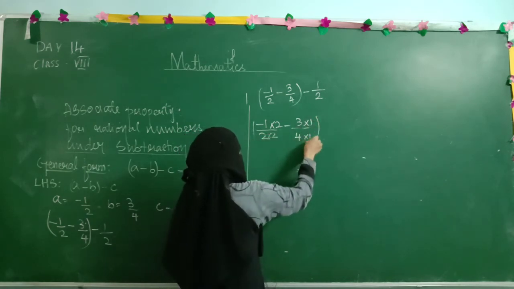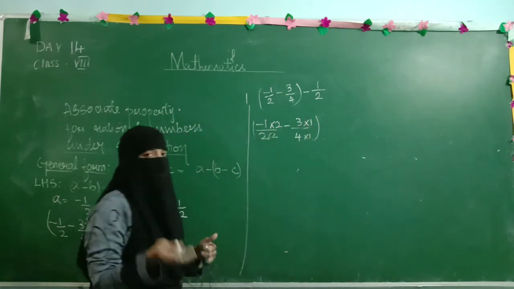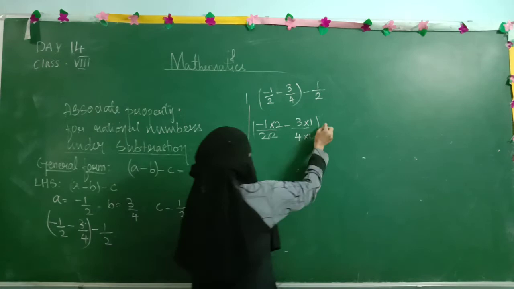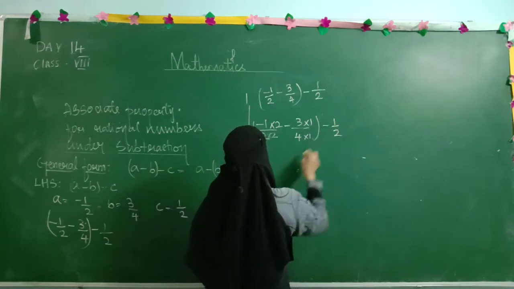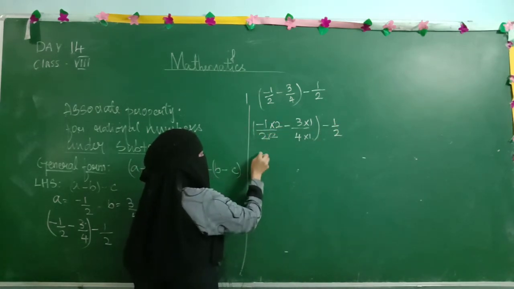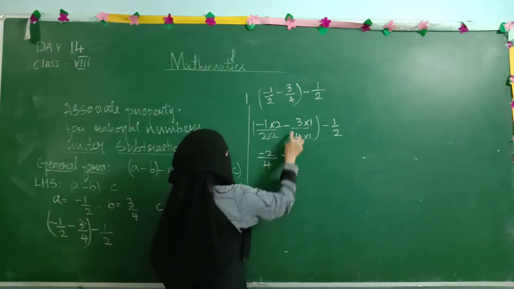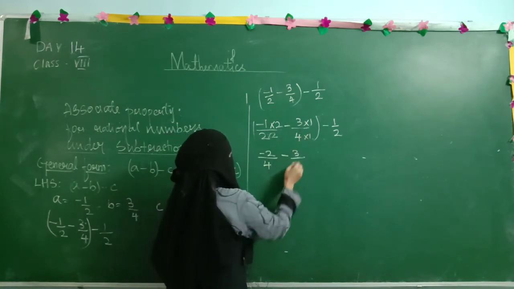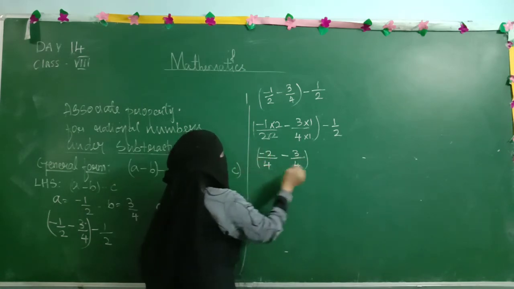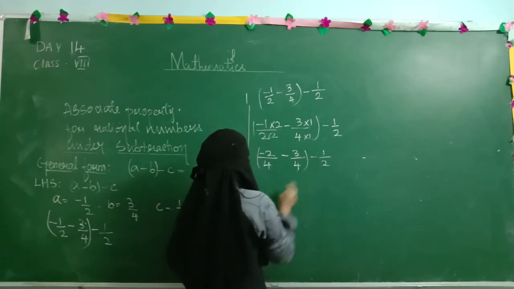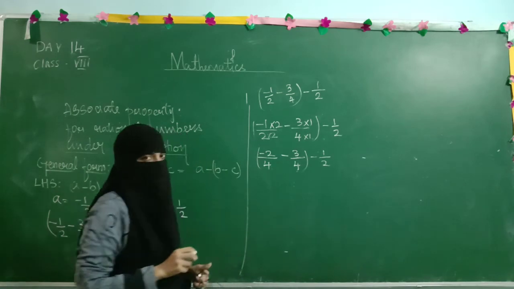Whatever number we multiply in the denominator, the same we need to multiply in the numerator as well. Minus 1 by 2: minus 1 into 2 is minus 2, and 2 times 2 is how much? 4. Minus 3 by 4 stays as it is. Now both numbers are negative.